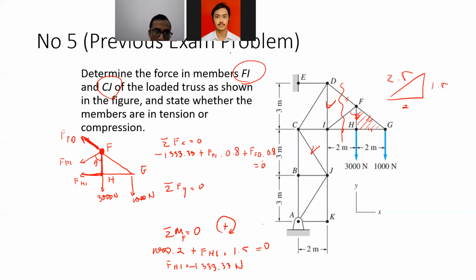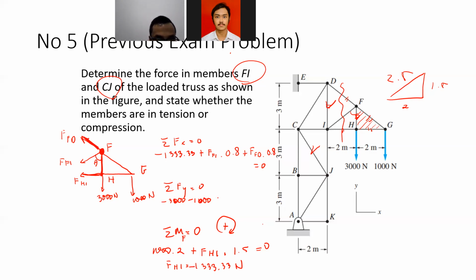Now the second equation, using sigma fy equal to 0. Negative 1,000 minus 3,000, negative 3,000, negative 1,000. What else? Cos FFI.